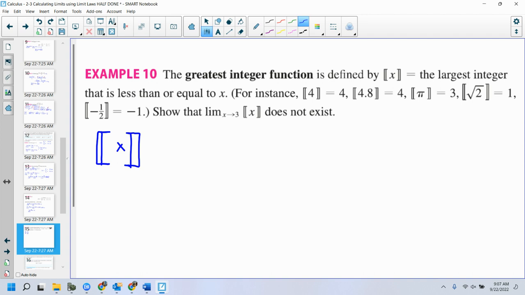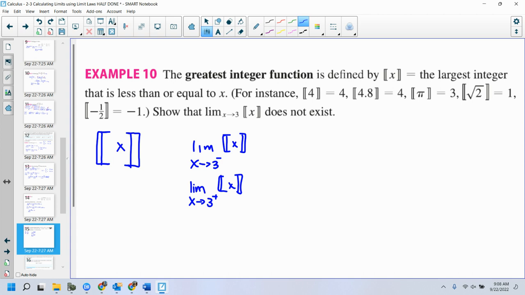Showed that the limit as x approaches 3 does not exist. Ooh, this is interesting. Okay, well, the limit as x goes to 3, I want to be very specific when I write this out. The limit as x goes to 3 negative and the limit as x goes to 3 positive, we want to show that those are not the same thing.